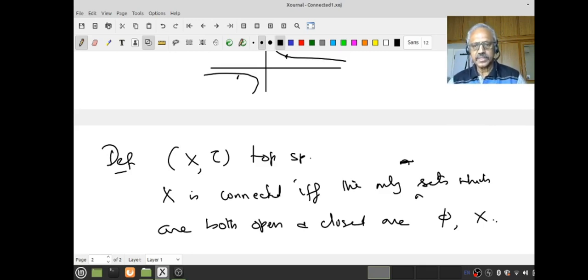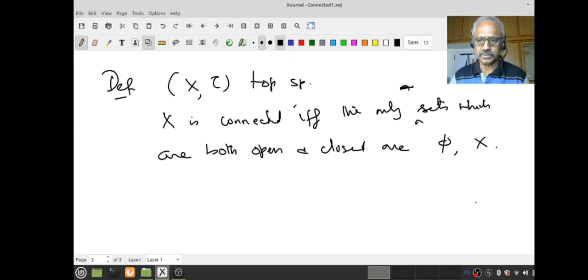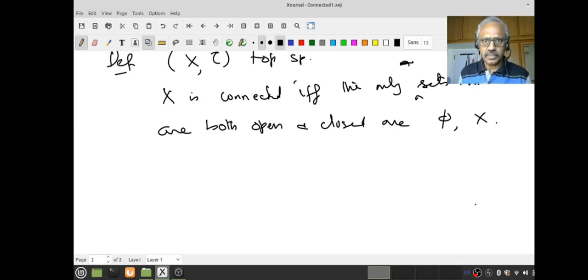I'm going to say it's connected only if these are the only sets which are both open and closed. That's it, a very simple definition, right?